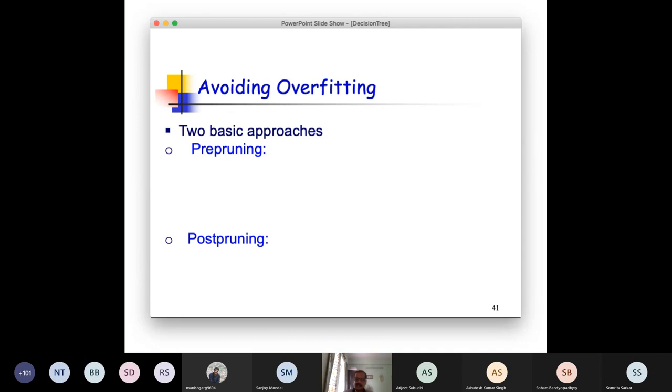We ignore it and don't expand. And in that case, the majority label will be assigned to that part, so it will actually stop before that itself.